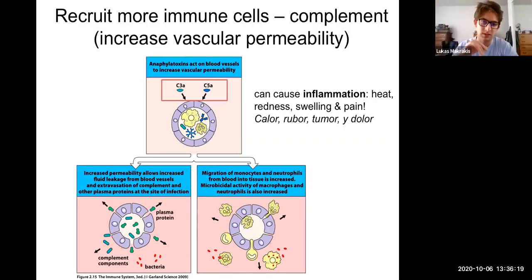Professor, I don't know if this is an incorrect way of thinking about it, but I was wondering if the permeability increase is just caused by that dilation.